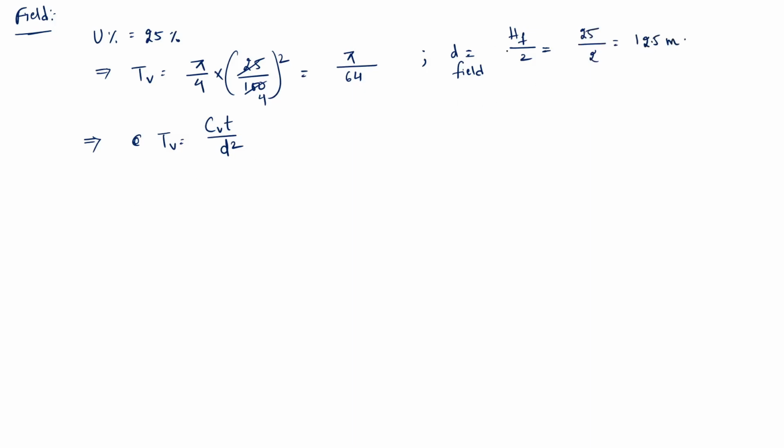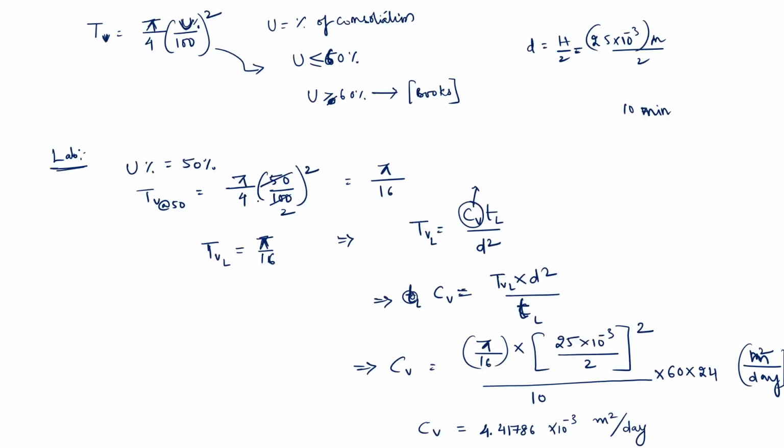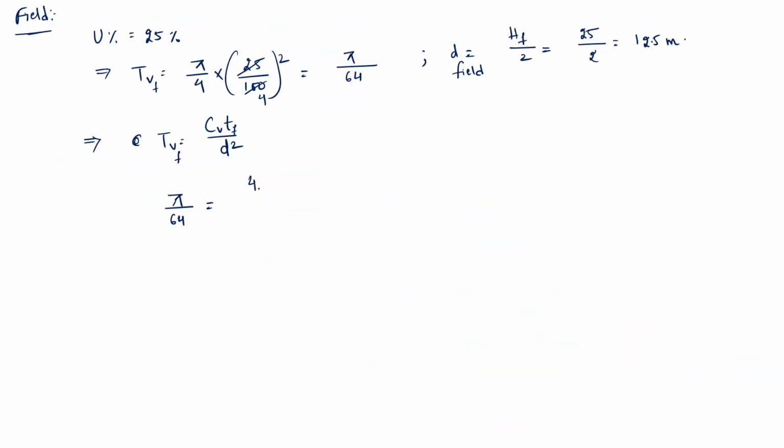Now it is double drainage in the field also. Why? There is sand above and dense sand below. Whether it is dense sand or loose sand, that is permeable, so that is the reason drainage can happen. So now taking this t field and TV field, I'll write pi by 64 equal to CV, which is 4.41786 into 10 to the power of minus 3, into t field divided by D square, 12.5 squared. We need to find the time required in days.